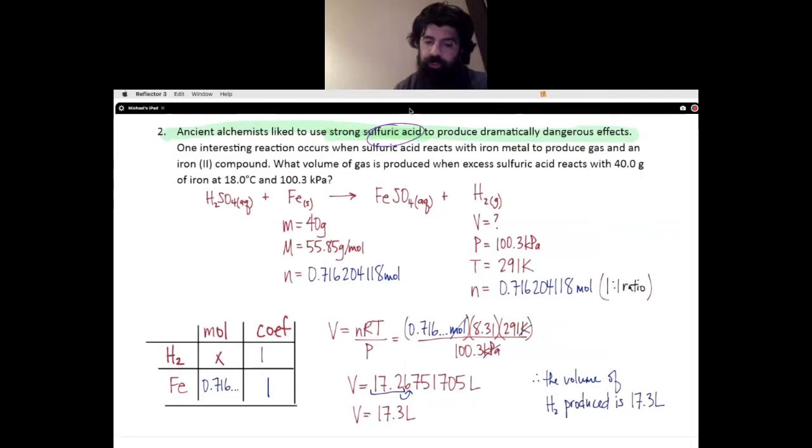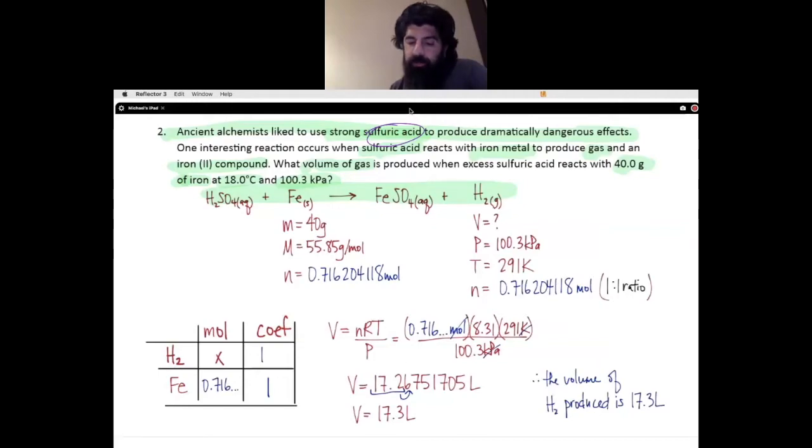So one interesting reaction occurs when sulfuric acid reacts with iron metal to produce a gas and an iron 2 compound. What volume of gas is produced when excess sulfuric acid reacts with 40 grams of iron at 18 degrees Celsius and 100.3 kilopascals? So here, step number 1, write the balanced chemical equation.